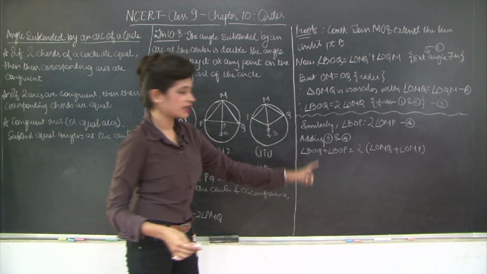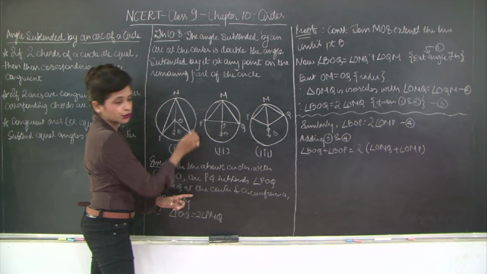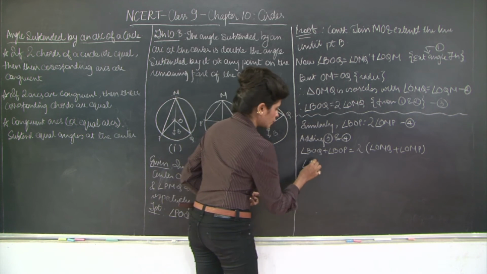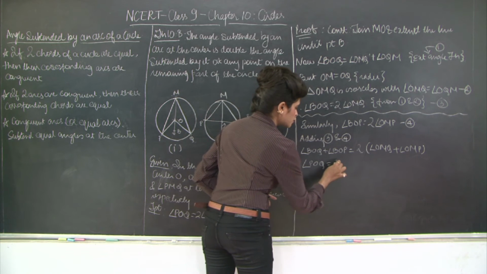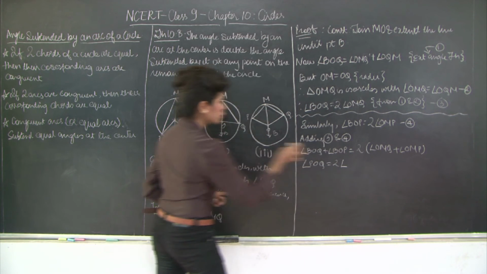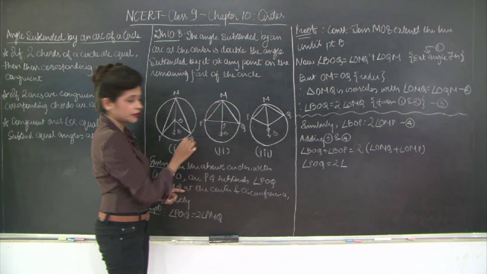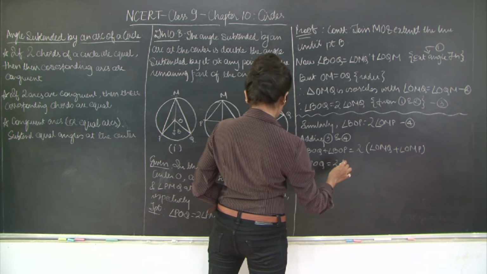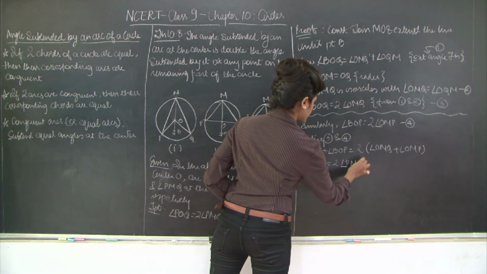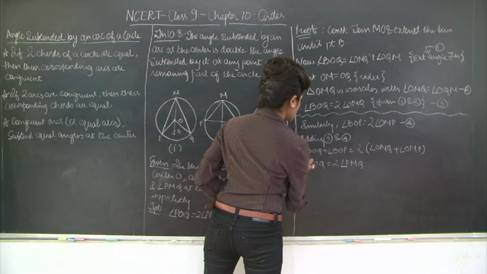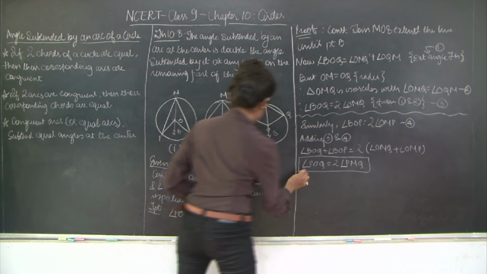Now BOQ plus BOP is POQ. So angle POQ is equal to twice angle OMQ plus OMP, which is PMQ. Hence, we have proved what was needed out here.